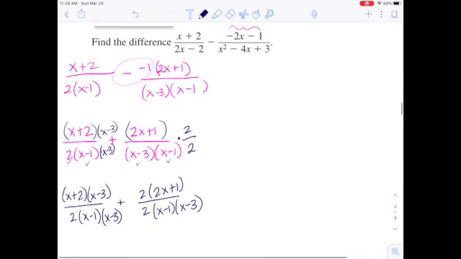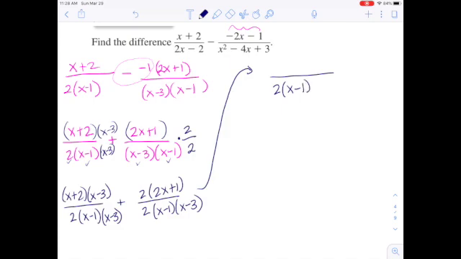Now I think I'm going to trail up here, have some more room. When I add my fractions, I'm going to have my common denominator of just 2 times x minus 1 times x minus 3. And I need to FOIL. First, outer, inner, last. So that's x squared minus x minus 6.